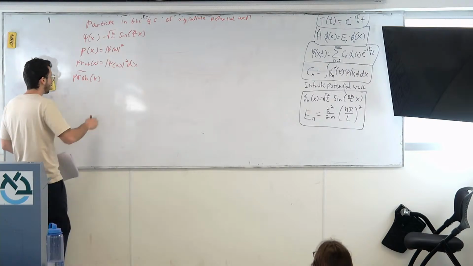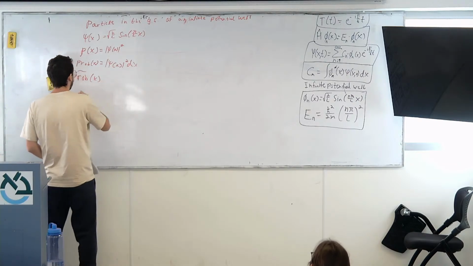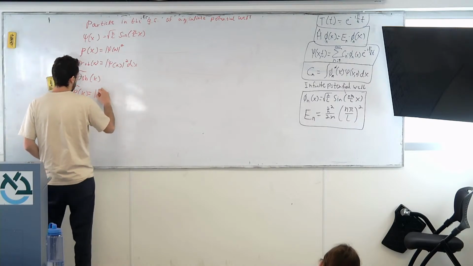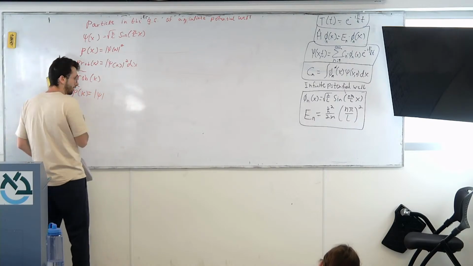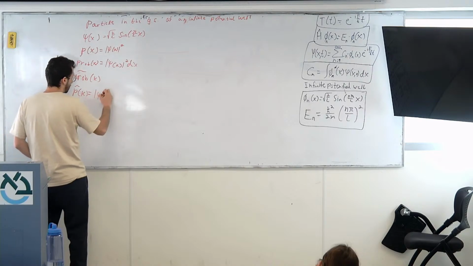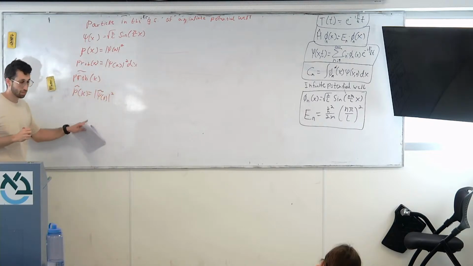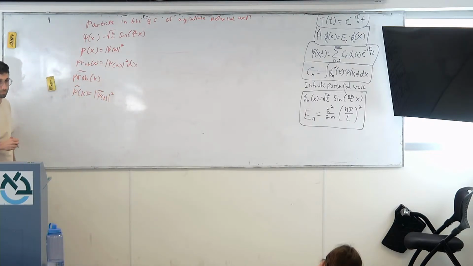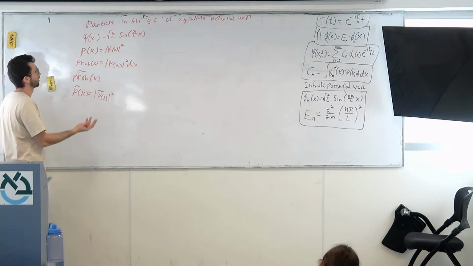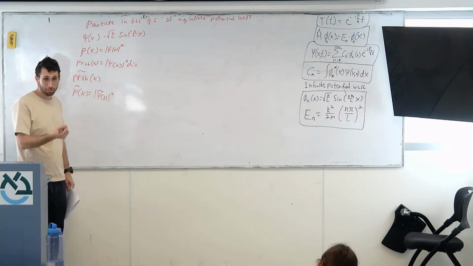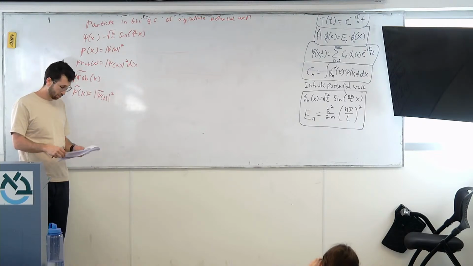So we can write p tilde of k as the absolute value of psi tilde of k squared. So first we need to take the Fourier transform of psi of x, and then we need to take the absolute value and square it.